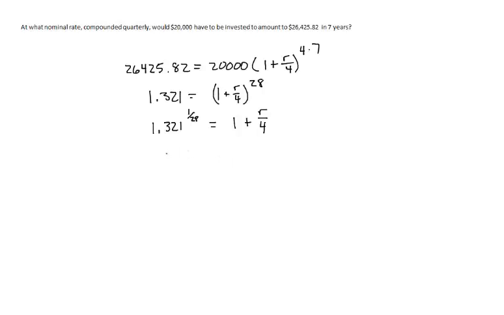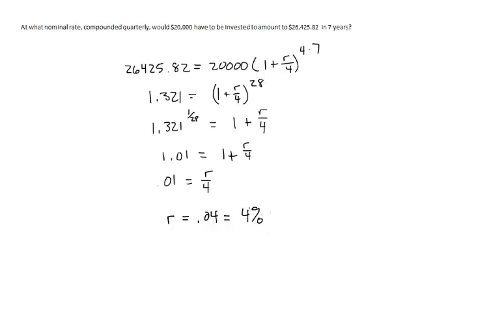And we get 1.01 is equal to 1 plus r over 4, and now we subtract 1 from both sides, and we get 0.01 is equal to r over 4, and then multiply both sides by 4, and we get r is equal to 0.04, or 4%.